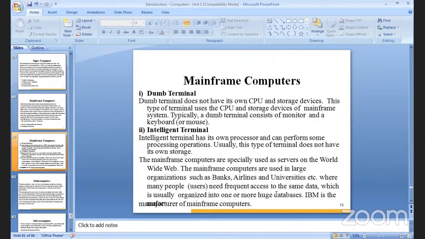For example, if you are writing online examinations, the same data will be displayed on all the systems, and it's maintained by one server. The questions may be different, but the working mode is the same.